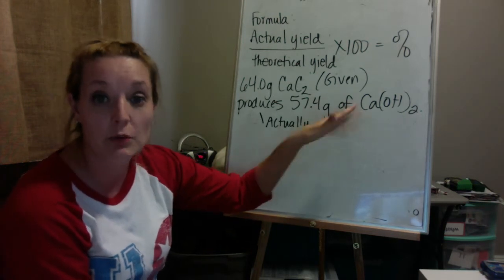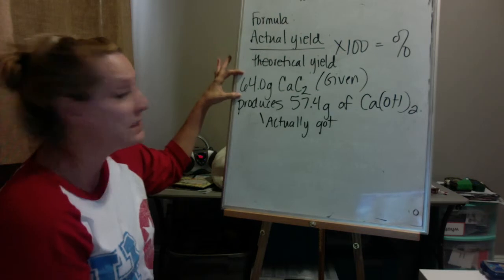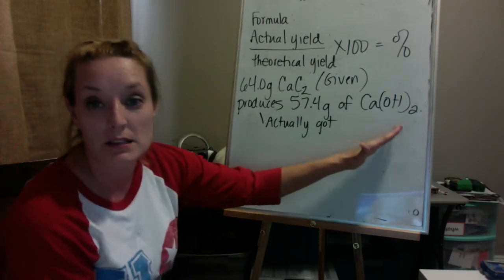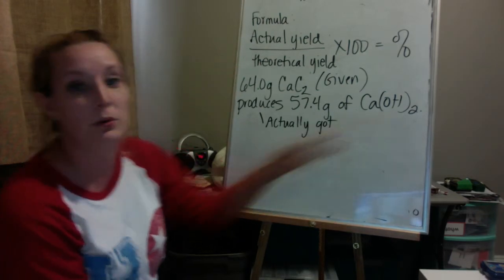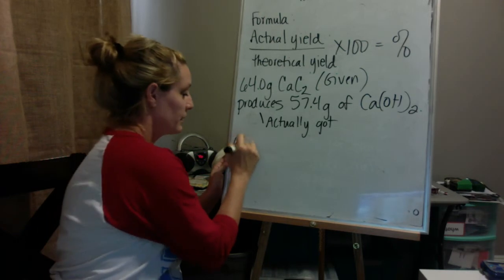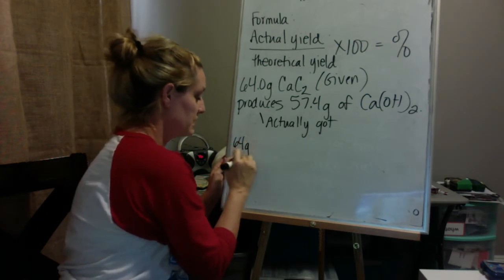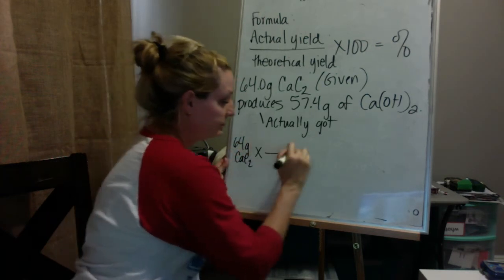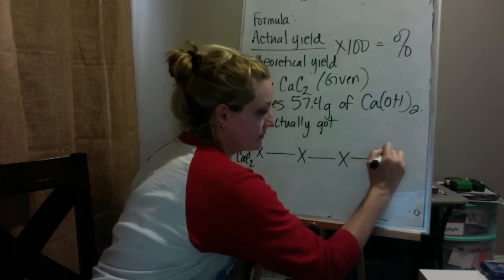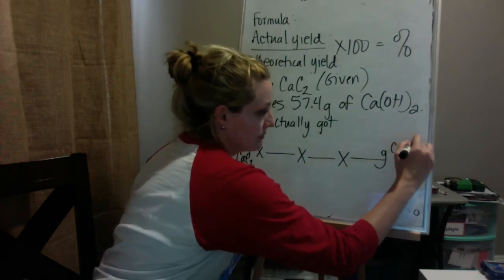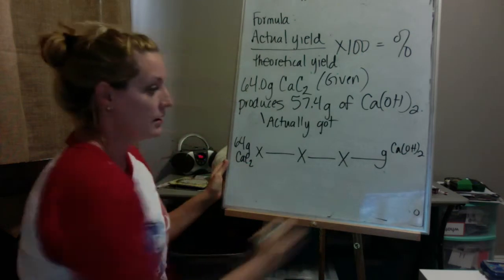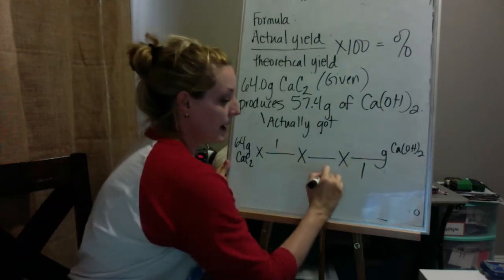And that will tell you, in theory, if I have this to start with, this is how much I'm supposed to end up with. So let's do that really quick. 64 grams of CaC2. Here's my mass to mass setup.